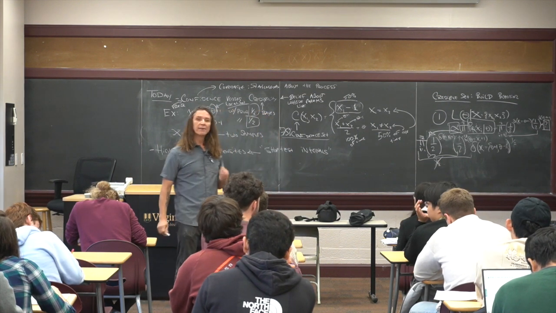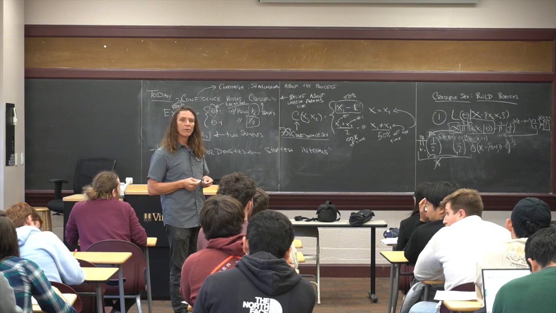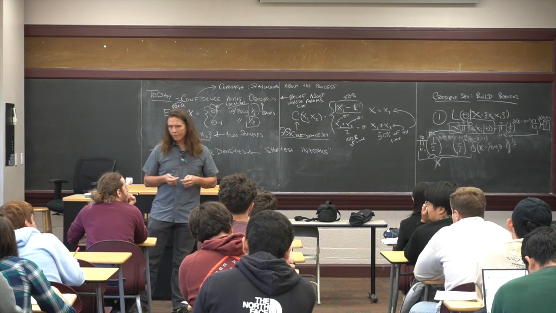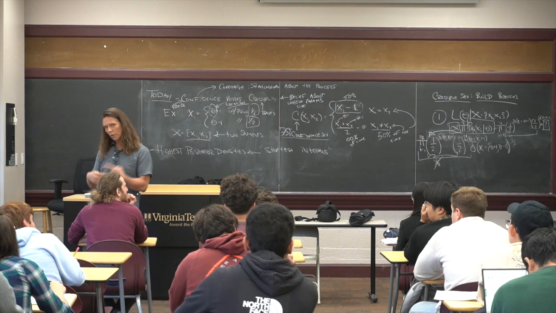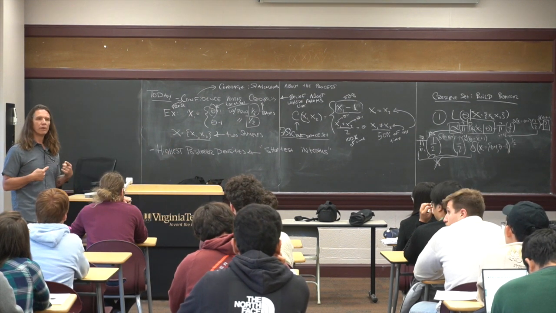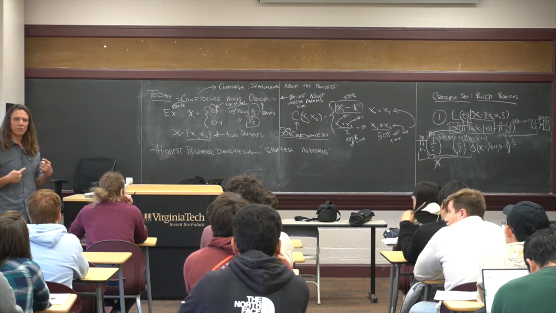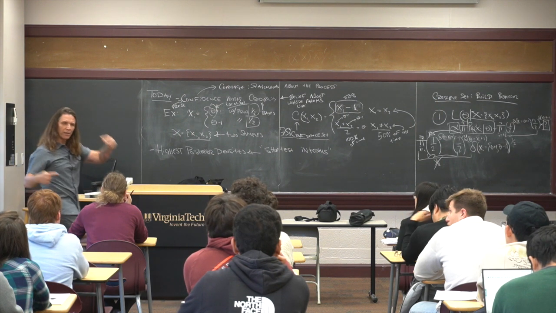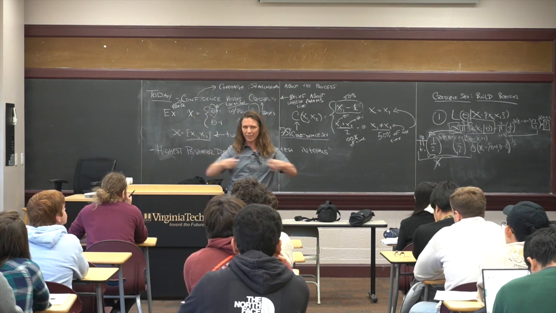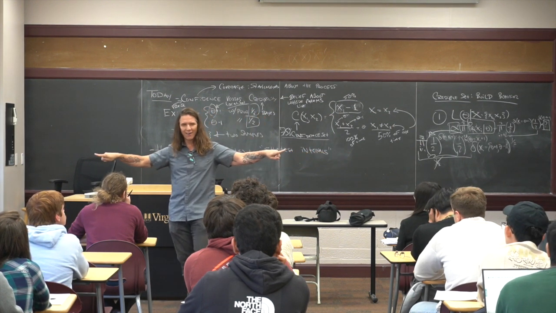Could you also write it as just a sum of two delta functions, one centered at theta plus one and one centered at theta minus one? If I sum two delta functions, what could happen? If they go on top of each other, I don't care which way I sum. They taught me after third grade I could sum not in that direction, but I could also go in that direction.